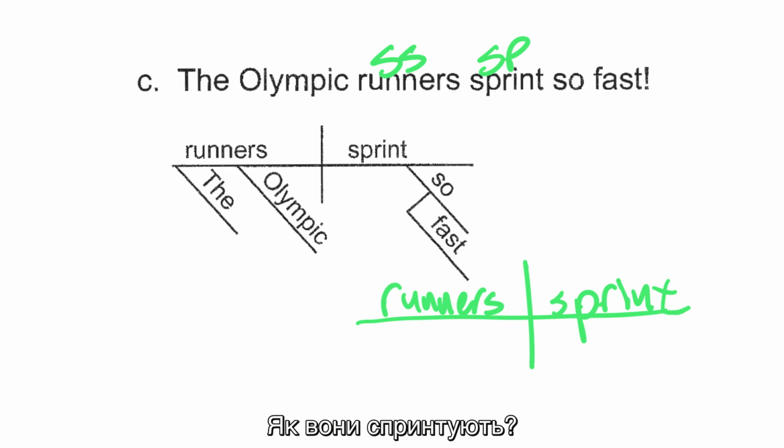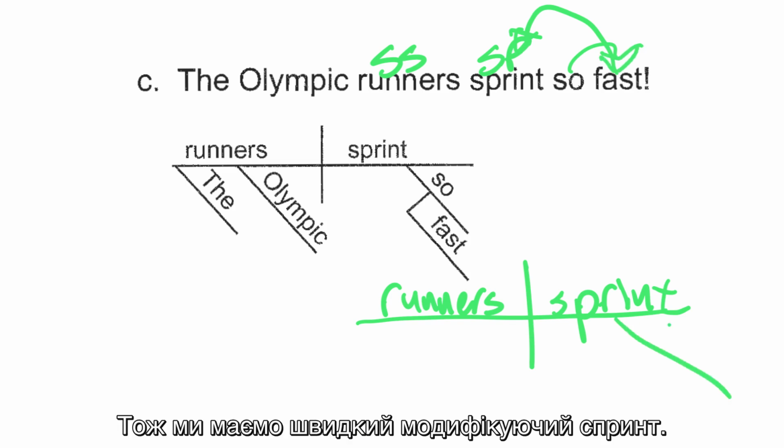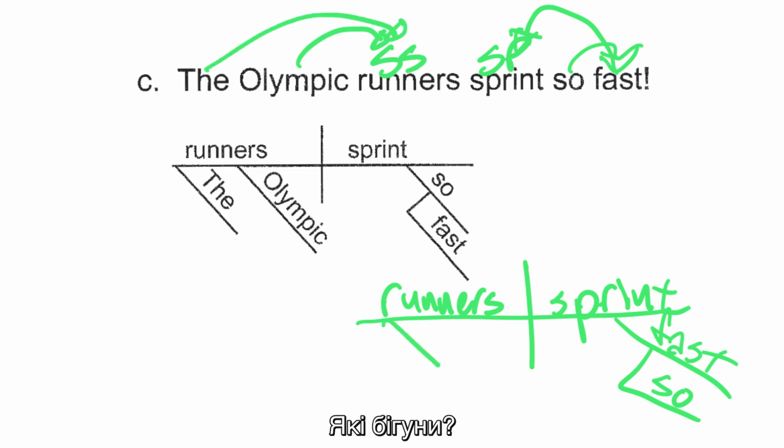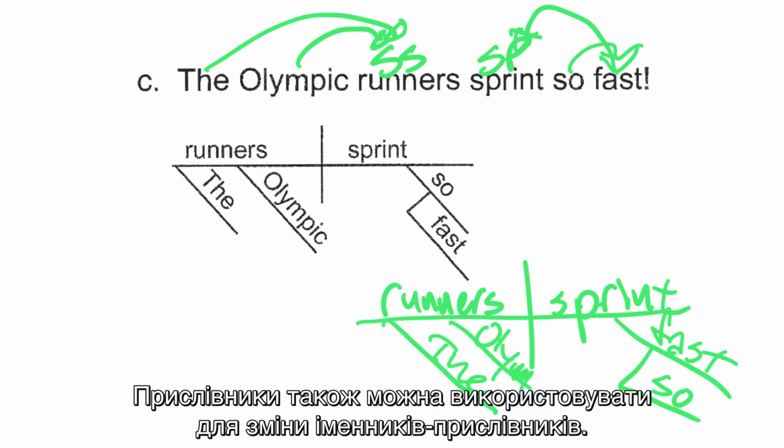Okay, how do they sprint? Fast. How fast? So fast. So we have fast modifying sprint, so intensifying fast, and then we have what kind of runners? Olympic. Which runners? The Olympic.